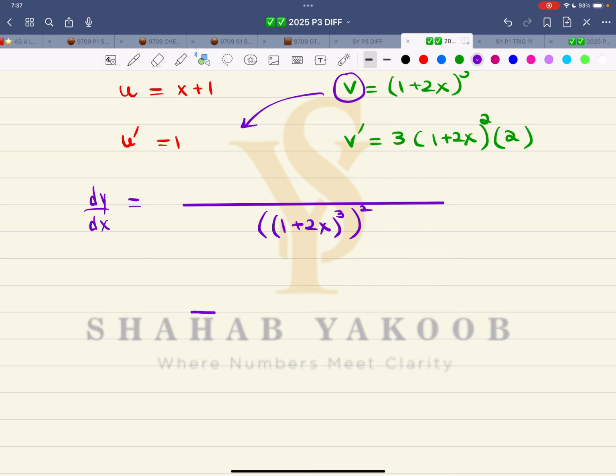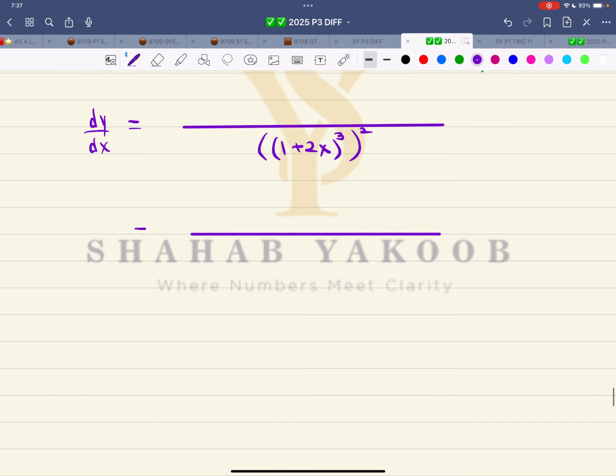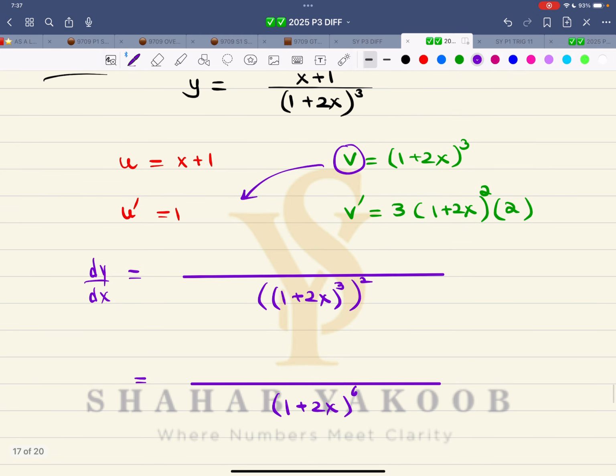So let me just again draw a line over here, and let me just focus on this. This is 1 plus 2x raised to power of 6. So now over here, when I simplify this thing, this is 1 into 1 plus 2x whole cube minus 6, 1 plus 2x whole square into x plus 1.